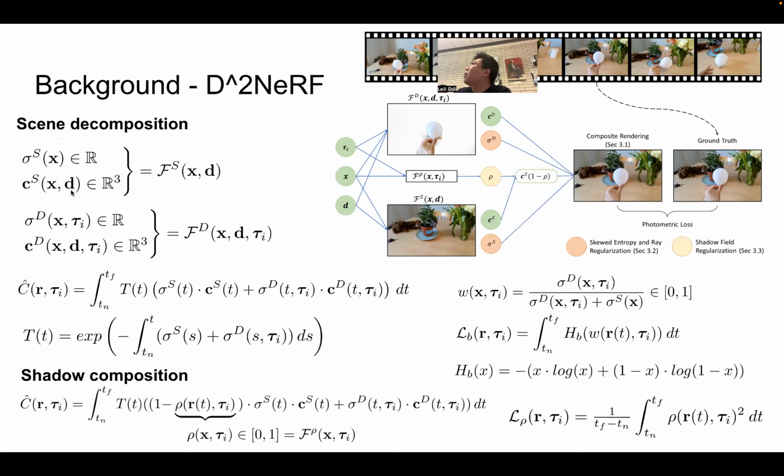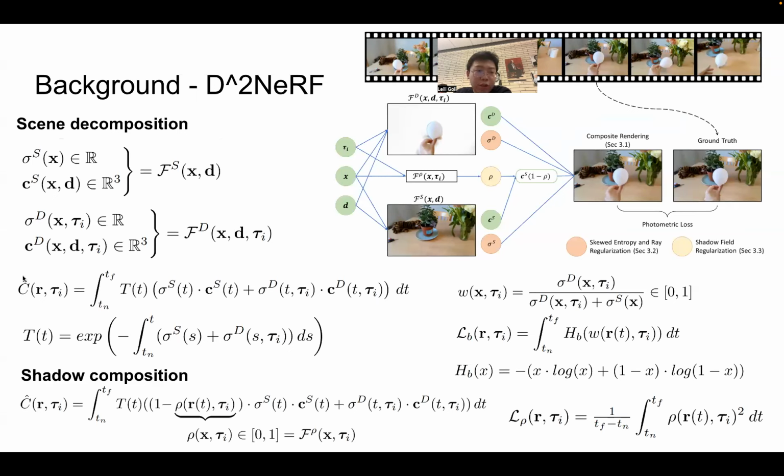You also have a dynamic field, where here the tau you can think of as the T, just an encoded version of the time. For the time-varying part, given the X and the view direction, you get the density for the dynamic field and also the color for the dynamic field.